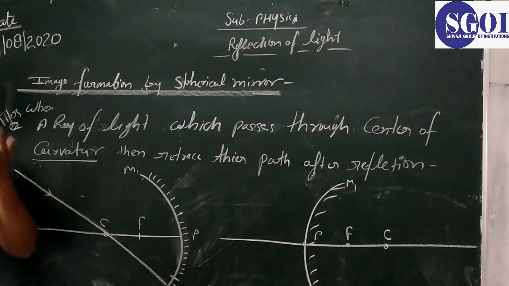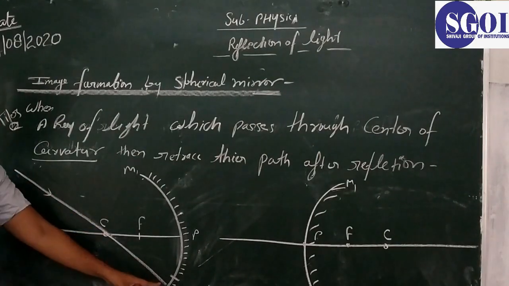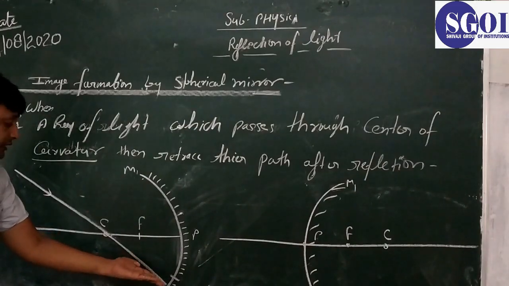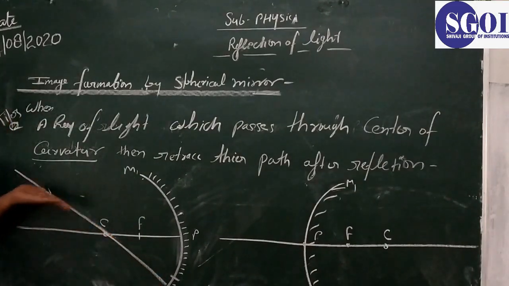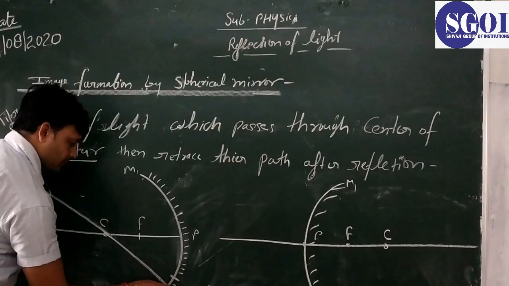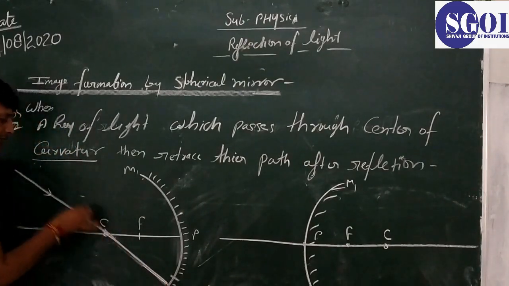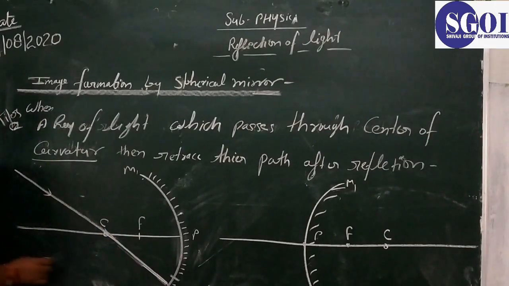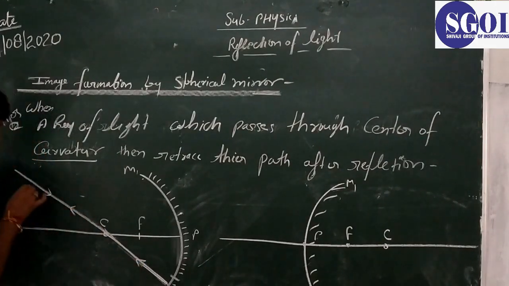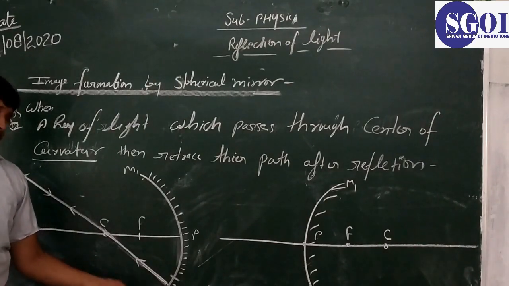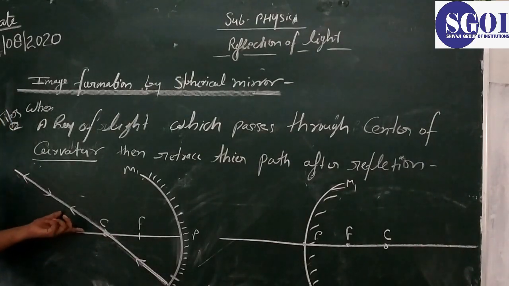After reflecting, this ray goes back along the same path, in the opposite direction. It retraces its path after reflection. This path is called the retraced path.